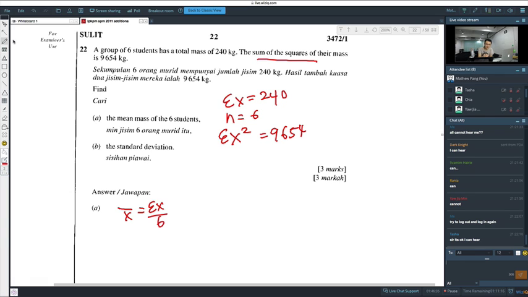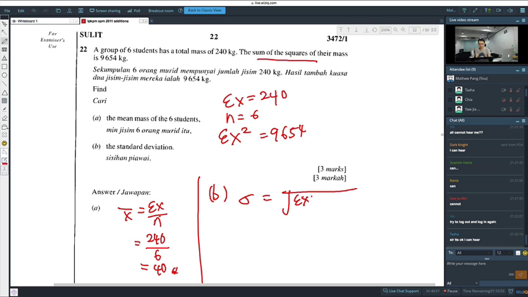Alright, so where am I? Okay, 6 here. The mean basically is sum of x over n. So we have 240 over 6, so the mean is 40. A is solved. B asks you to do the standard deviation. Standard deviation is the square root of sum of x squared over n minus mean squared.